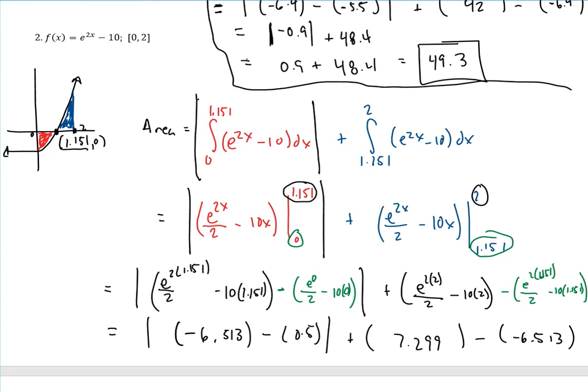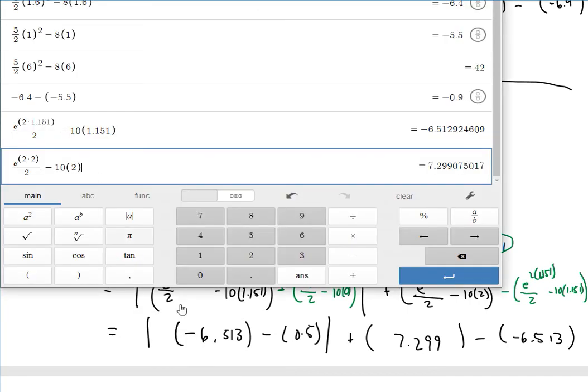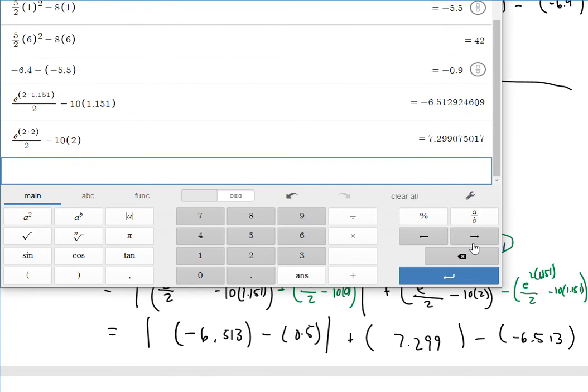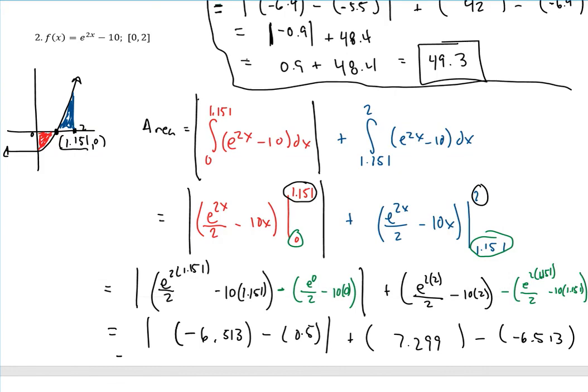Now, I'm getting low on room, but let's go ahead and finish it off here. I think we could fit it. So I have the negative 6.513 minus 0.5 is the negative 7.013. So I'm going to put that negative 7.013 right there as that portion.